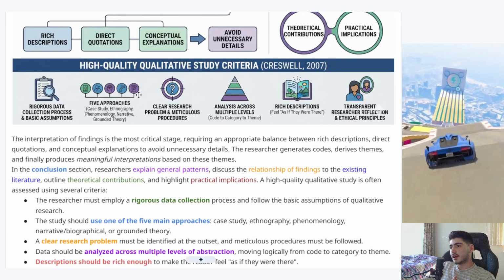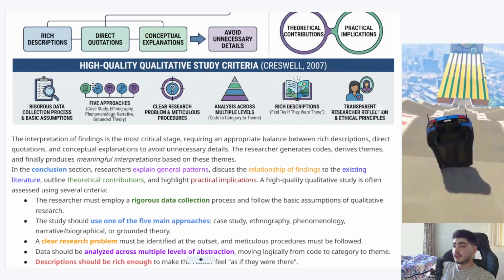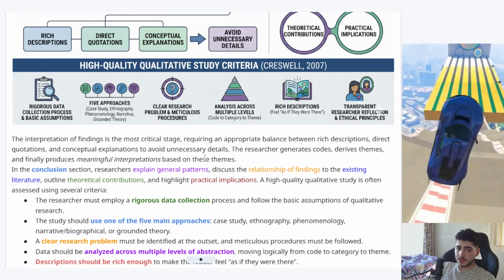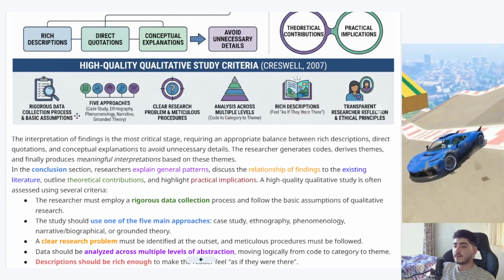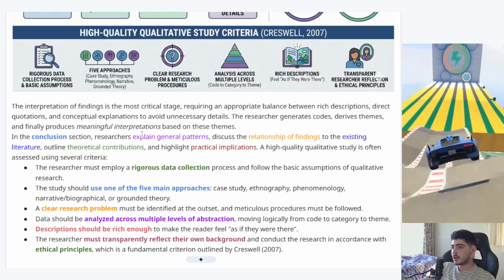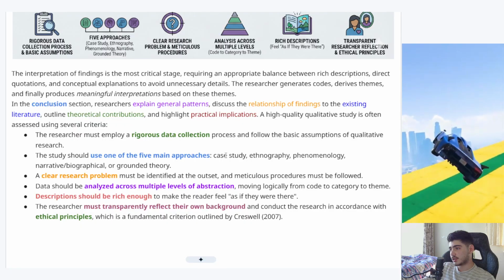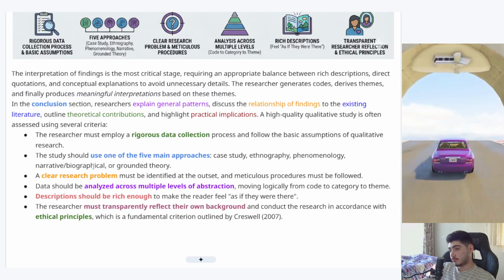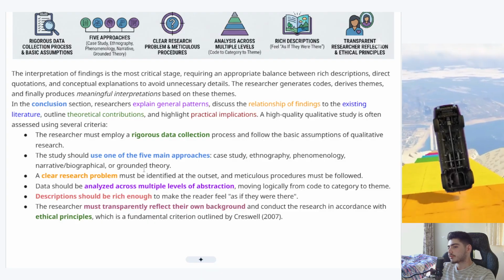A high-quality qualitative study has these 6 criteria. The first one is rigorous data collection and process and basic assumptions. The second one is the 5 approaches, which are case study, ethnography, phenomenology, narrative/biographical, or grounded theory, which we just learned.